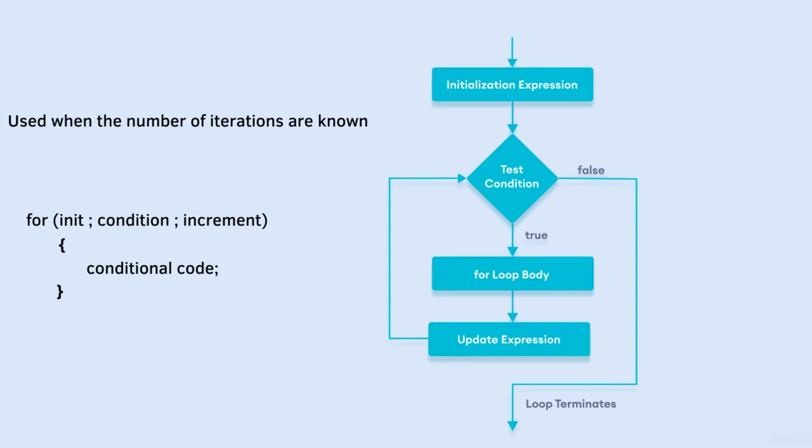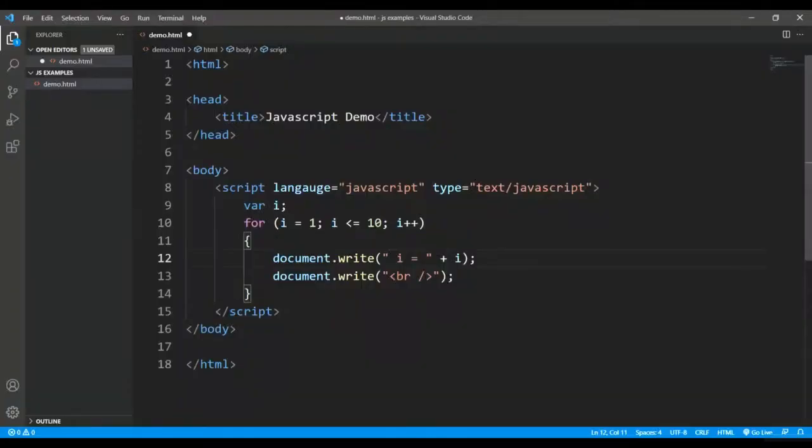Alright, so let's execute this particular loop practically. In this implementation you can see I have written a for loop in which there are three parts, as I discussed earlier. Here it's the initialization part in which I am initializing the value of i with 1. After that it's a condition, meaning I want this loop to keep on executing unless and until this condition is true.